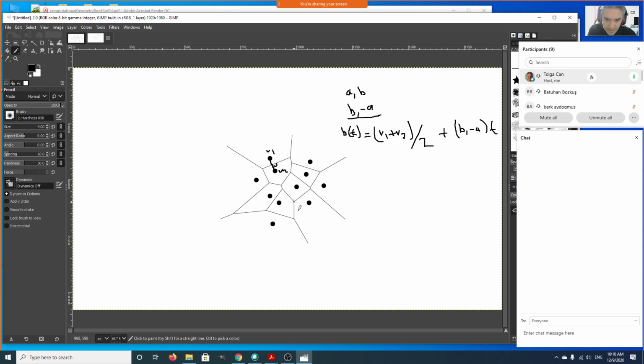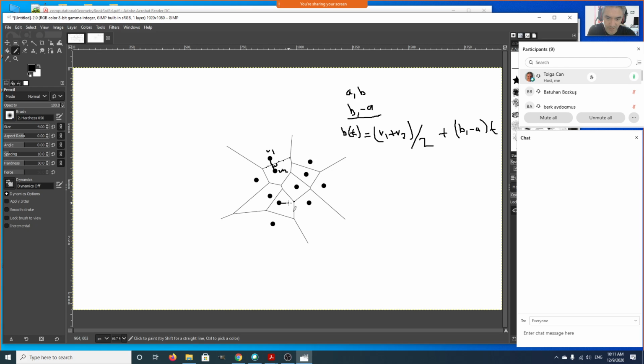What about vertices? What's a vertex here? So on the edge, any point on the edge is equidistant to V1 and V2. What about a vertex? A vertex is like an intersection of many edges. Like at this point, this is a vertex. Why?